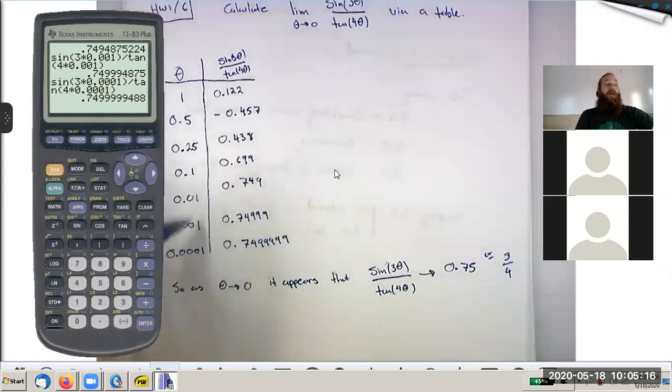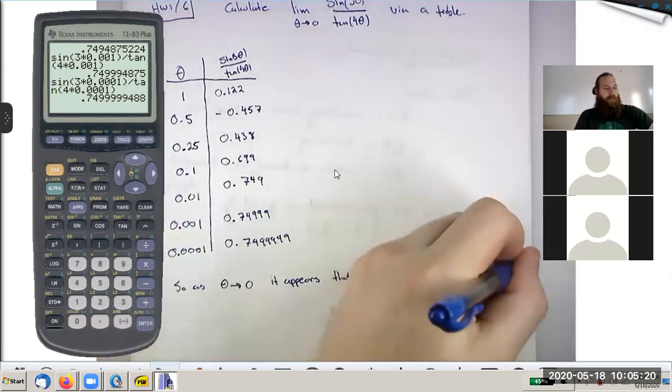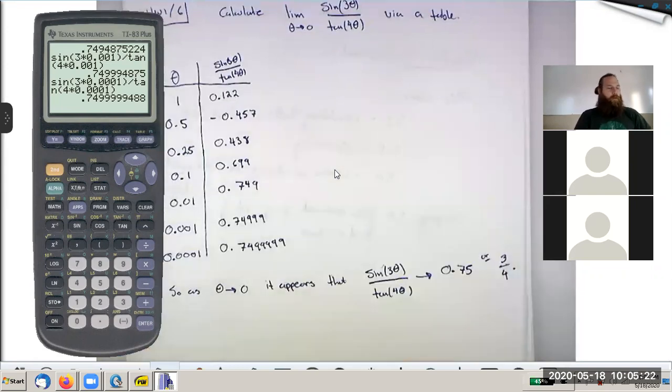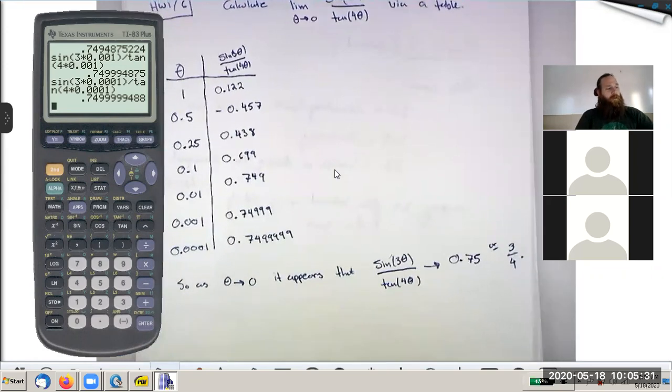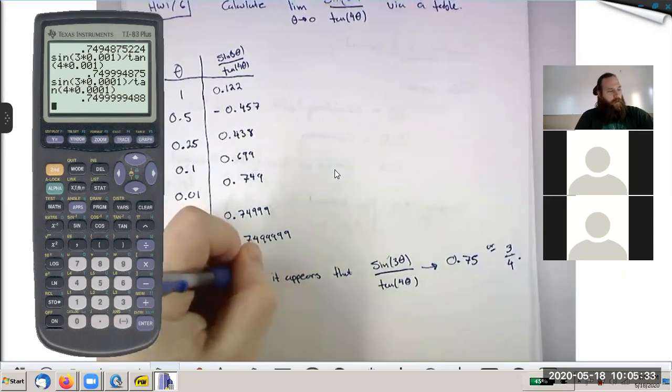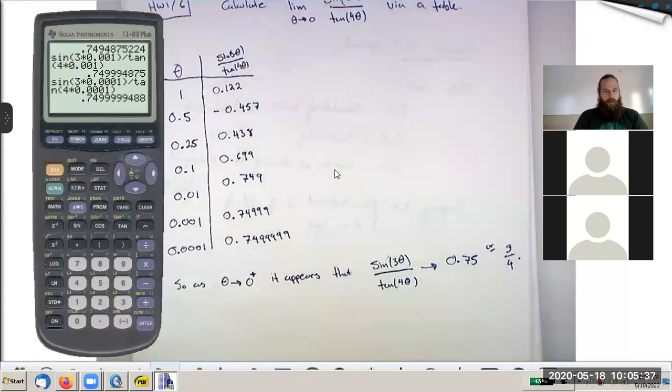From the right. Yeah, because these numbers are all positive, right? So if I wanted to be really careful, and this is the sort of thing that I'd like you guys to be thinking about as you write out your homework, when I write this sentence here, so as theta goes to 0, it appears that da da da da goes to 0.75. Really what my table tells me is that as theta goes to 0 plus, sine 3 theta over tan 4 theta appears to go to 0.75.